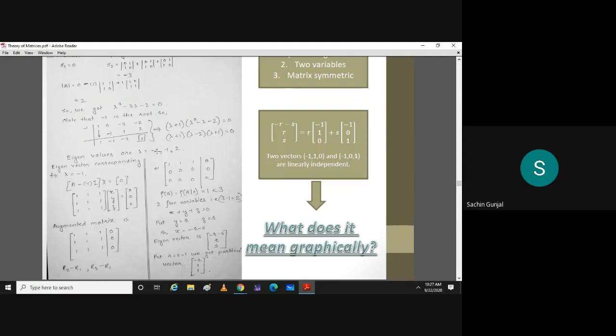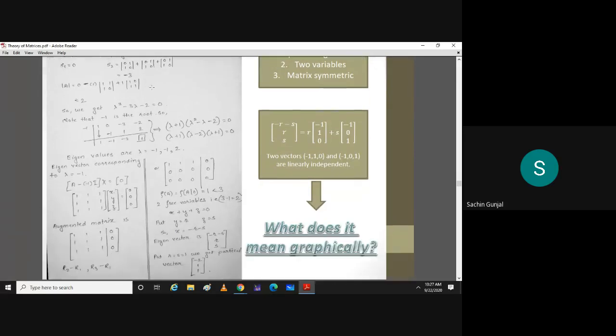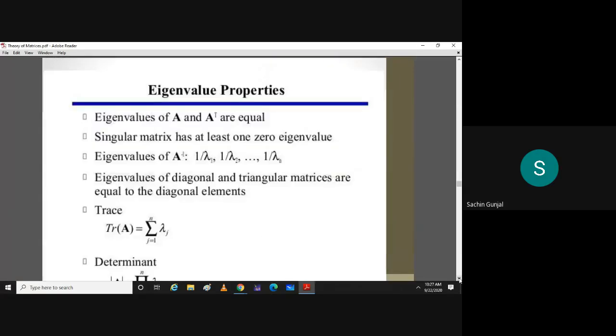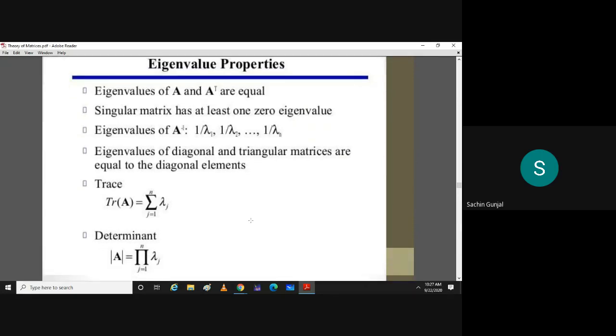What is the sum of eigenvalues here? Zero. And what is its trace, that means the sum of diagonal entries? Zero. So that is the point. These are general points, they are always true for any matrix A. These points are very important and can be asked in MCQ.